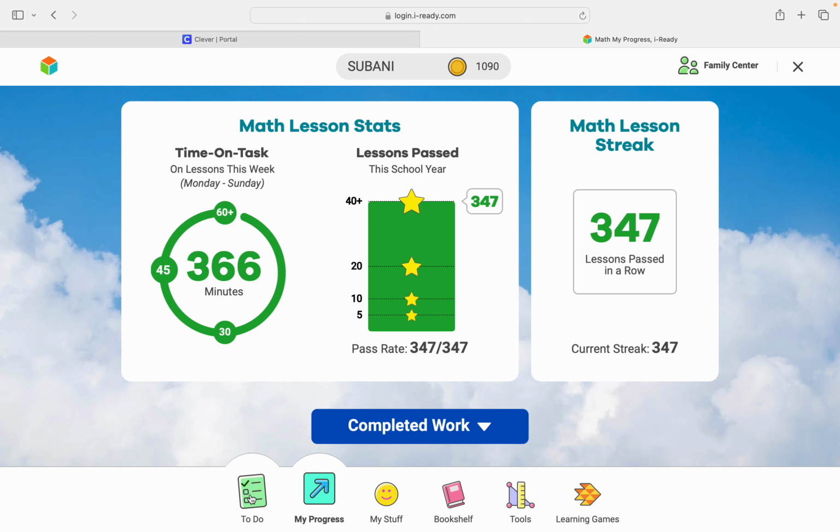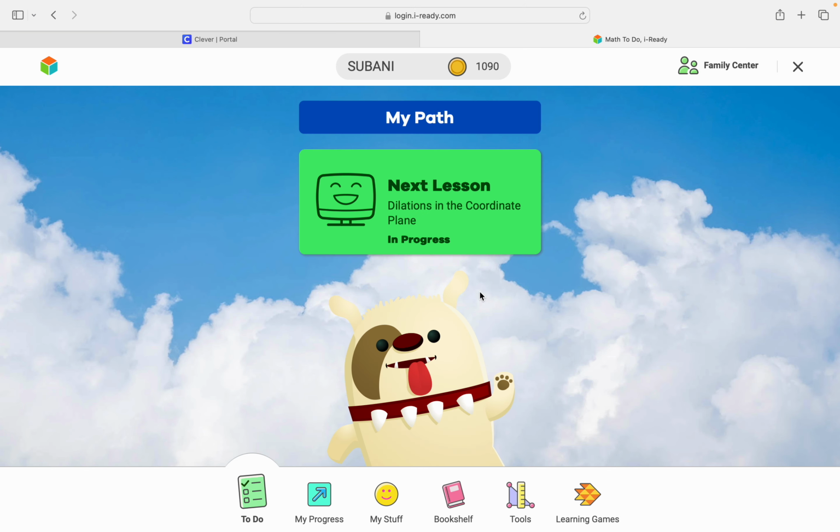Coordinate plane, so we need this graph with all four quadrants. The lesson we are starting is 348. Resume lesson. Dilations.